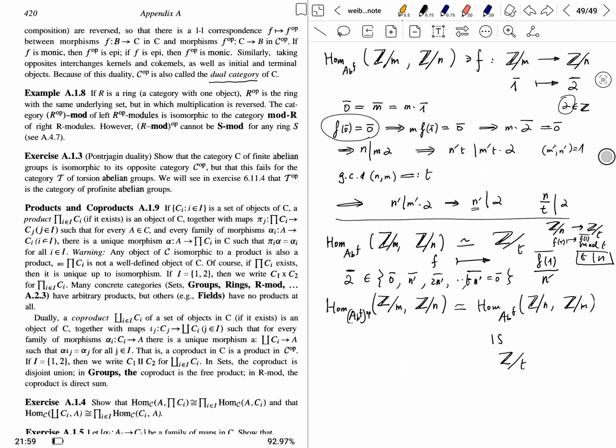And basically this finishes the proof, and of course you could also check that f is indeed a functor. For example, you could also check that identity maps to identity and f maps composition to composition. Just check it. Basically that's the main part of the proof.